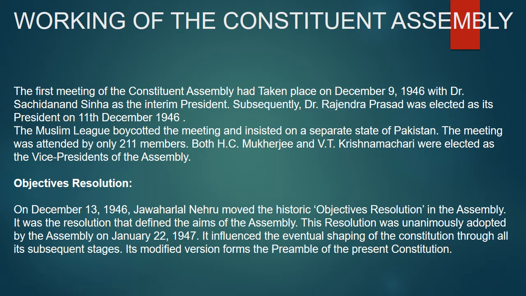Now we will discuss a very important topic, that is the objective resolution. On December 13, 1946, Jawaharlal Nehru moved the historic objective resolution in the Assembly. It was the resolution that defined the aim of the Assembly. The resolution was unanimously adopted by the Assembly on January 22, 1947.